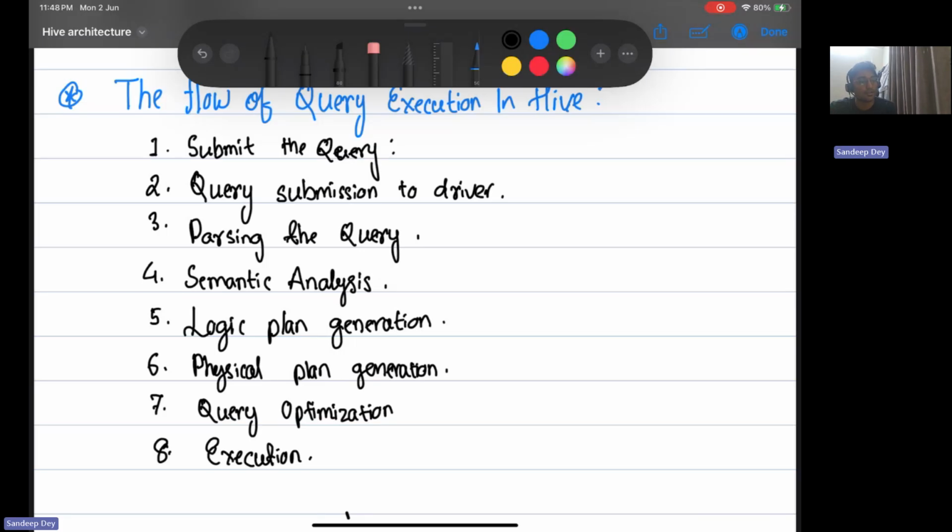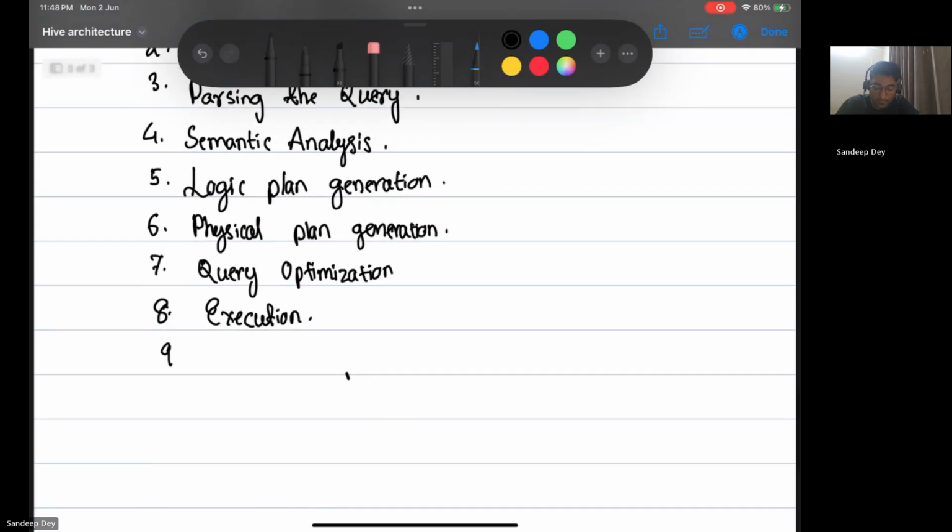Purpose: the results of the query are collected and prepared to be sent back to the user. Yep. Next is returning results to the user. So that will be number nine: fetch results. The results of the query are collected and prepared to be sent back to the user.